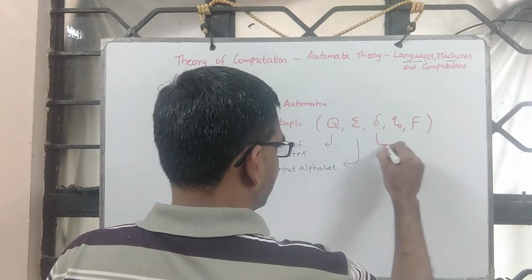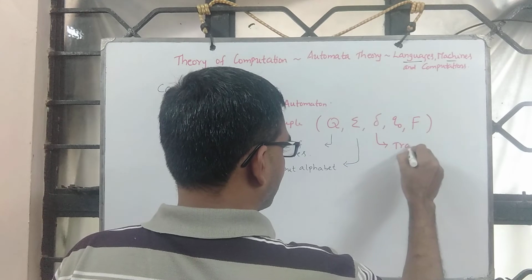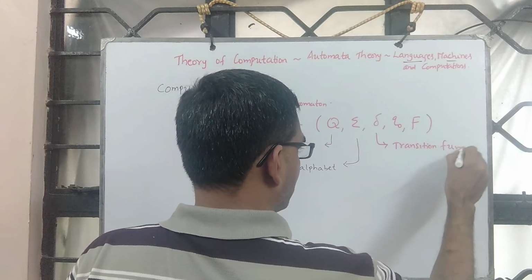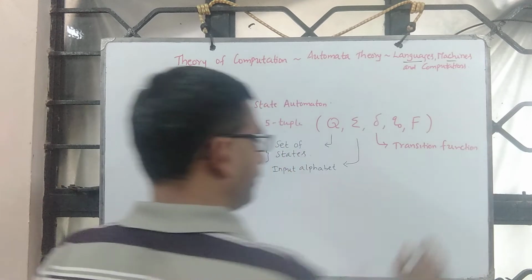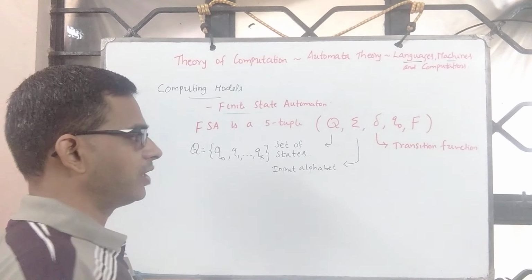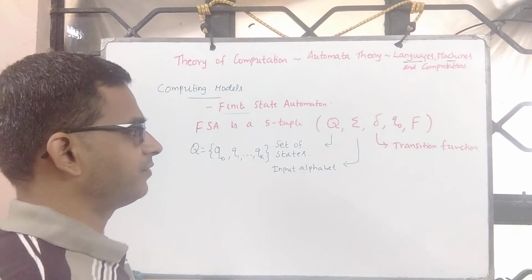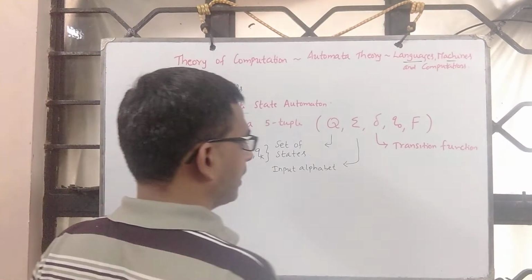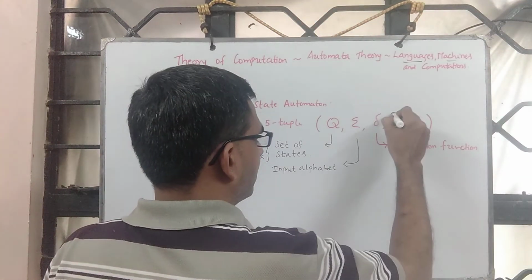What is this delta? Delta is our transition function. This function tells you how we move from one state to another state on reading a symbol from sigma, or on reading an input. And what is Q0?